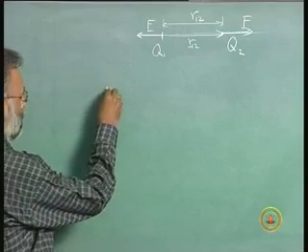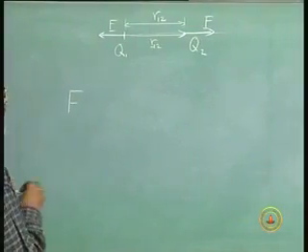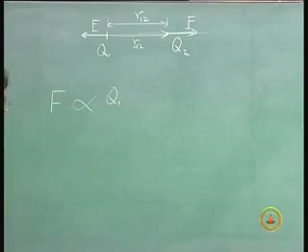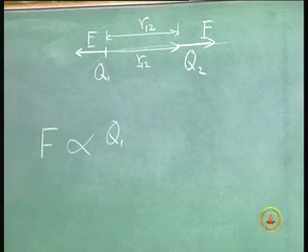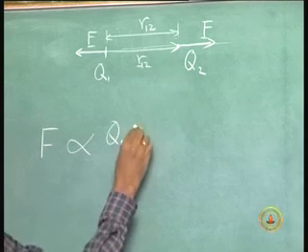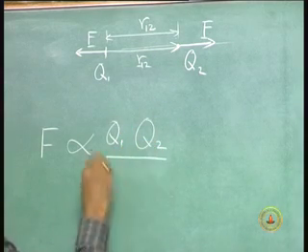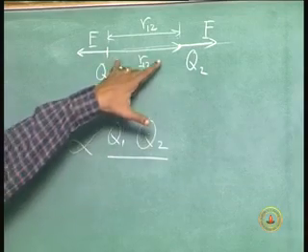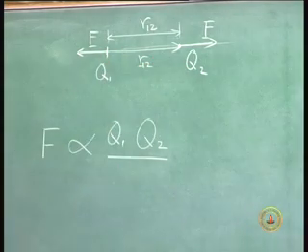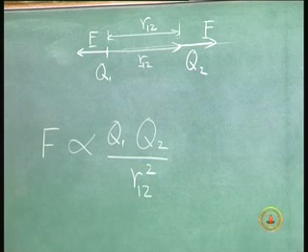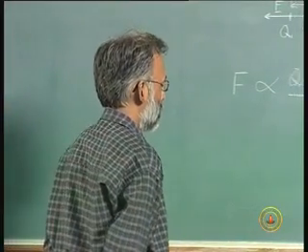Then the force is proportional to the strength Q1, it is also proportional to the strength Q2, and it is inversely proportional to the square of the distance, that is, inversely proportional to R12 square. This is the well known Coulomb's law, and I am sure you have met it many times before.